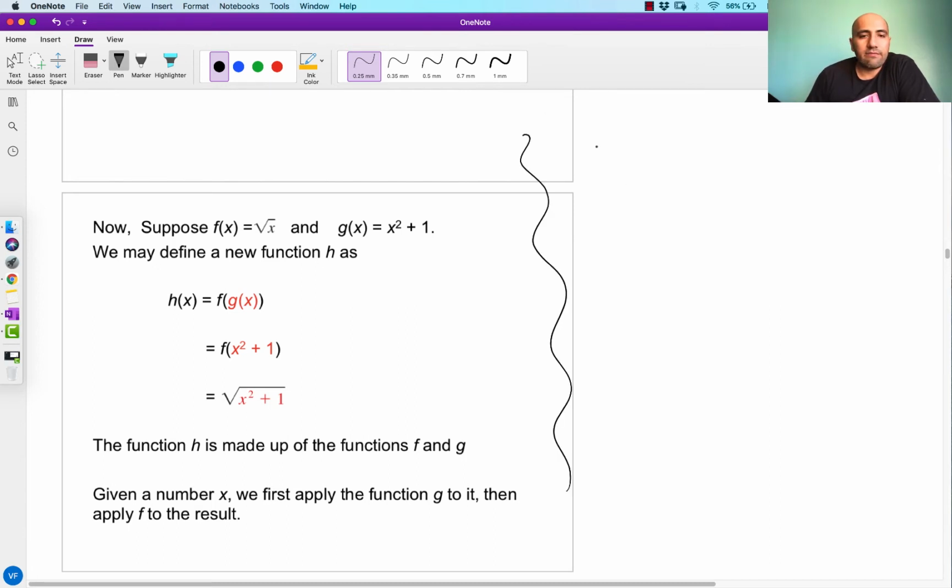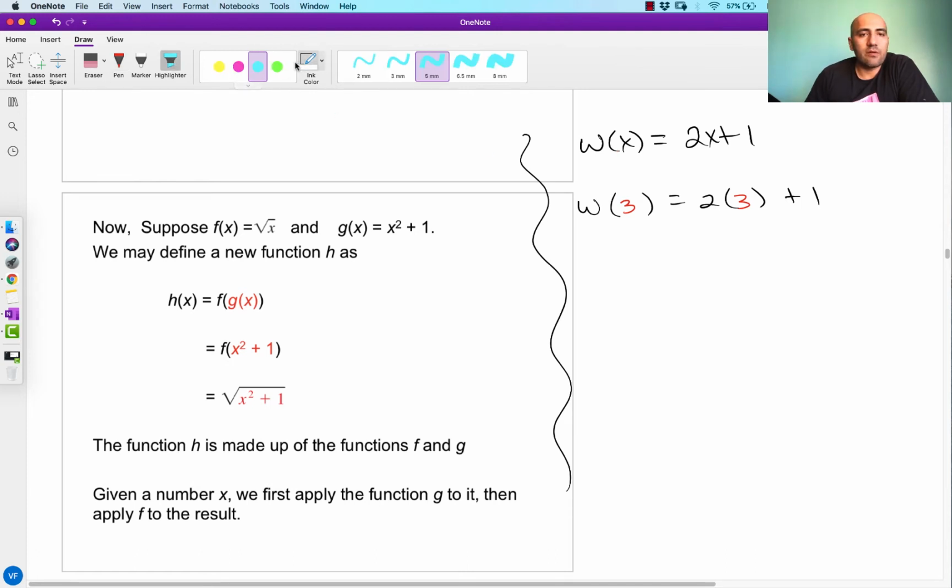Let's say I had this function named w of x equals 2x plus 1. Okay, so we've learned that we can evaluate a function at another number, of course. So w of blank equals 2 times blank plus 1. So we can evaluate this at the number 3, for instance, right? This is the function w, and we defined it as 2x plus 1, right?